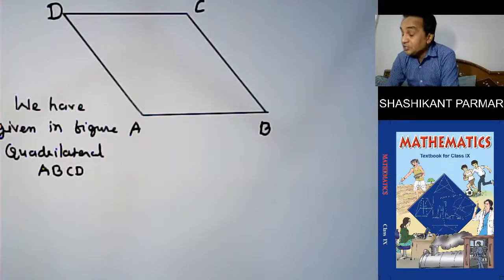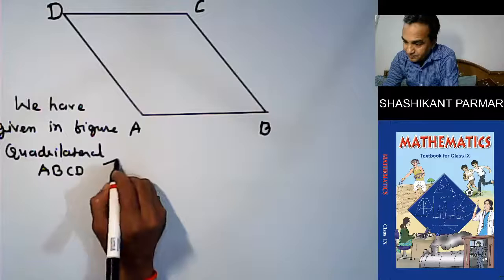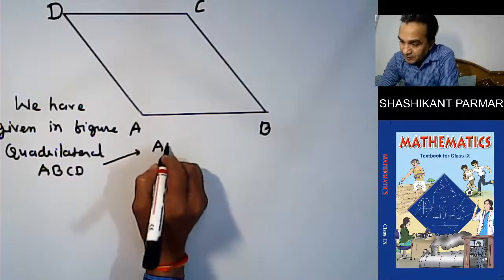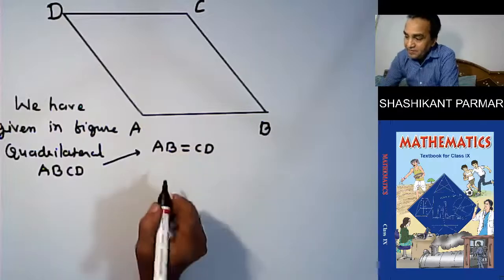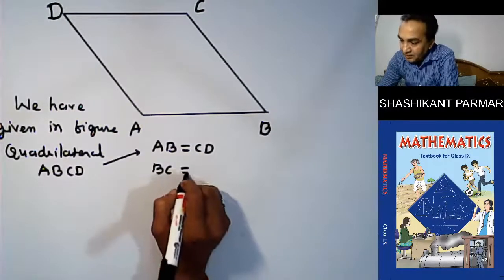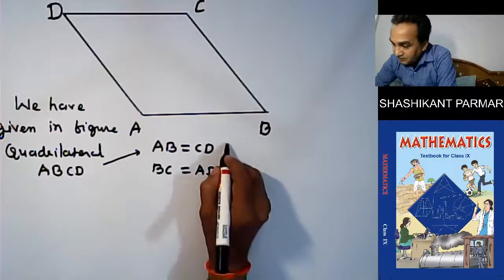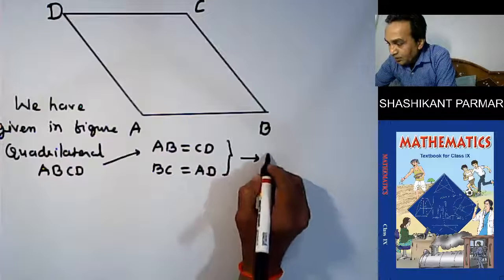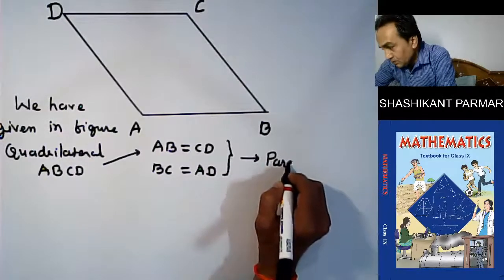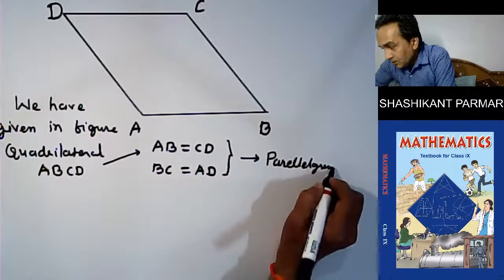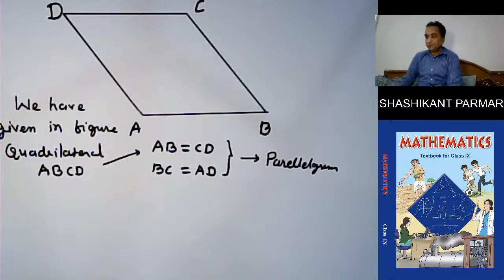If in quadrilateral ABCD, AB is equal to CD and BC is equal to AD, then this quadrilateral is a parallelogram.